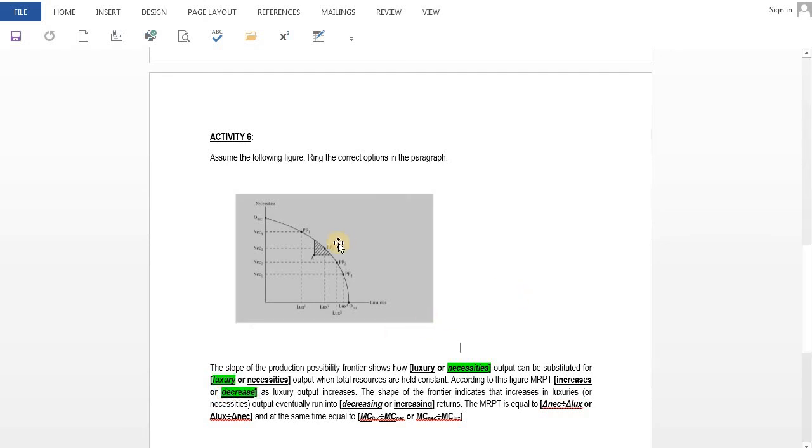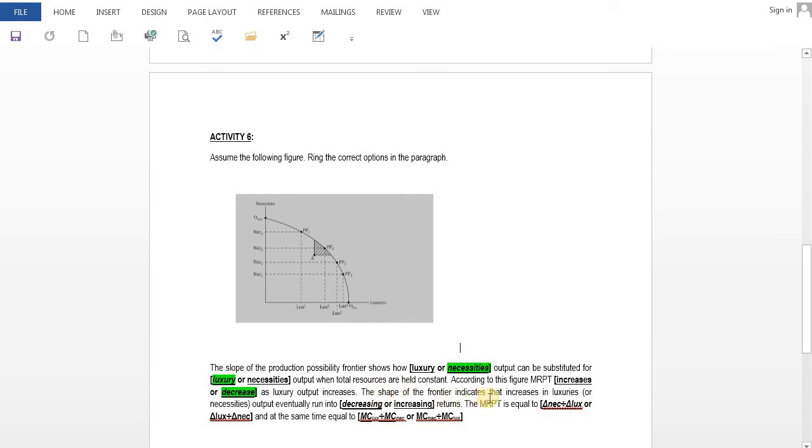Let's say, for example, we have 5 of necessities at the top, and we have 100, that genuinely decreases the marginal rate of product transformation. Our slope is the change in necessities over the change in luxuries. So if luxuries are increasing much more than necessities, then the marginal rate of product transformation is going to decrease. Then we move over to the third question.